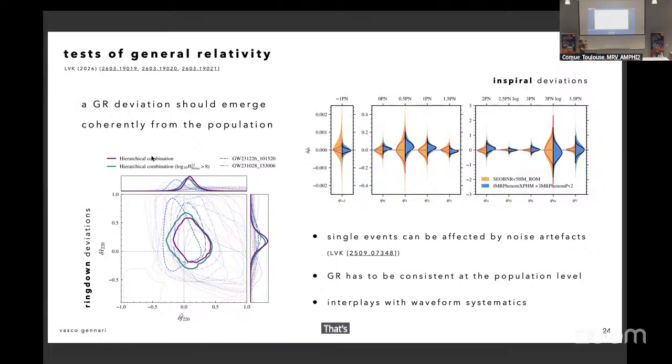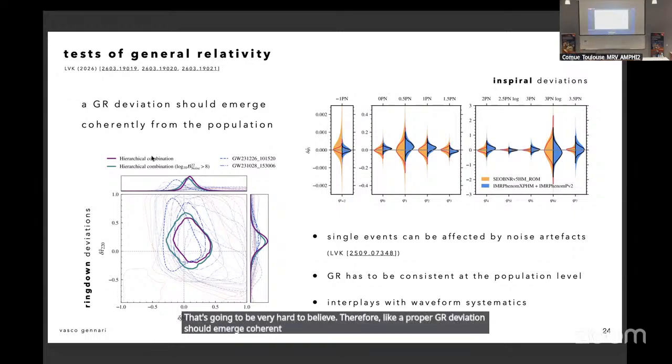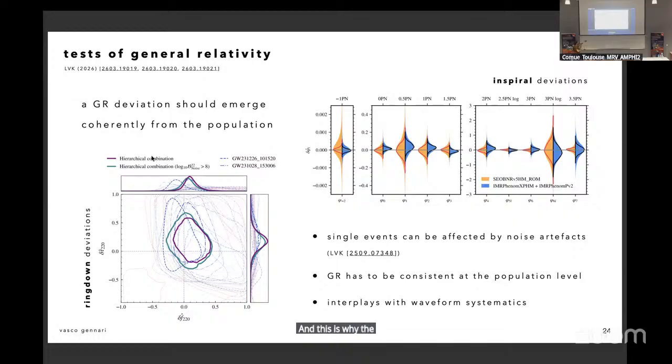That's going to be very hard to believe. Therefore, a proper GR deviation should emerge coherently from the population. So it should be something to be measured at the population level. And this is why the collaboration does tests of GR by combining events.